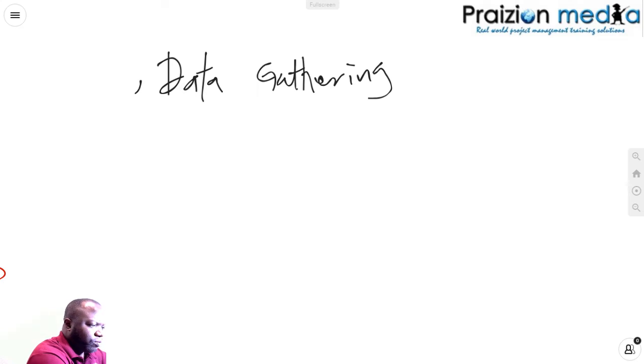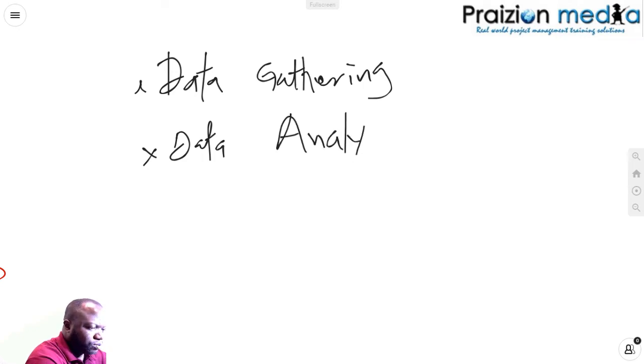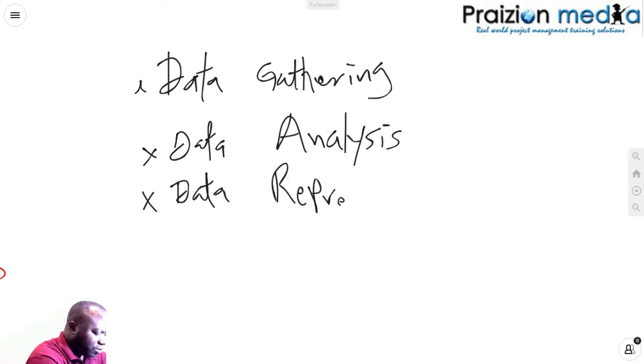Then after you gather your data, what do you do? Data analysis. So you got your data, analyze it, and then you want to put it into some sort of display. So you've got data representation tools and techniques talked about.